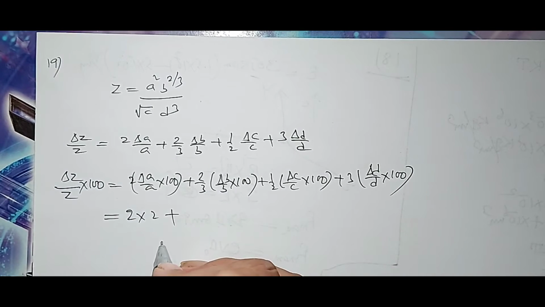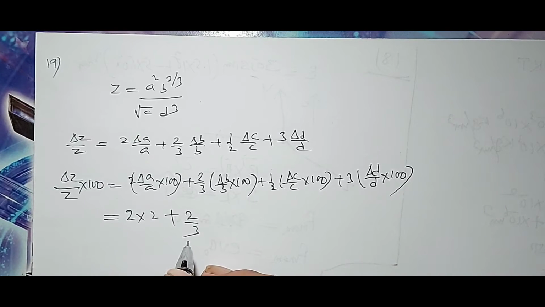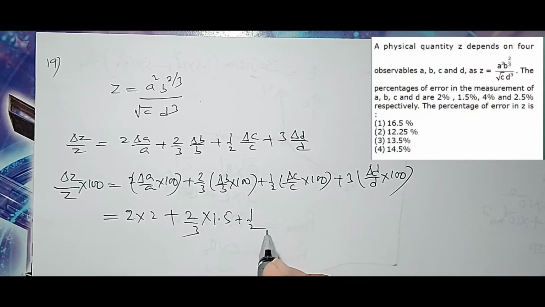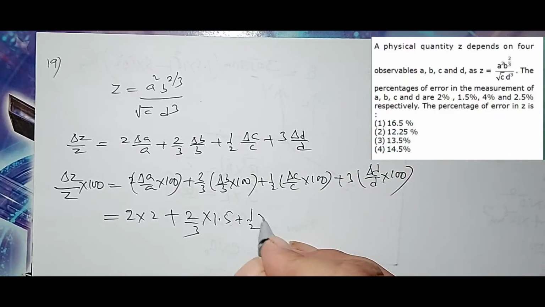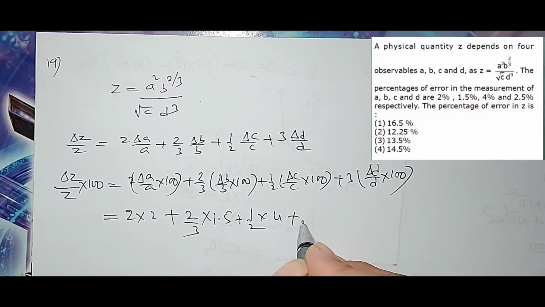2 plus, here 2 by 3 into, this is 1.5, plus 1 by 2 into 4 plus 3 into 2.5.